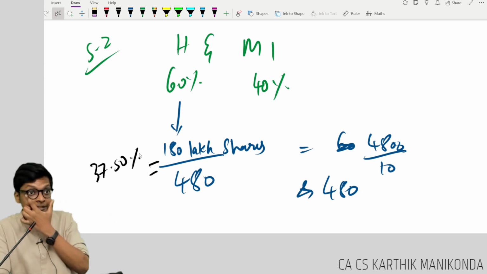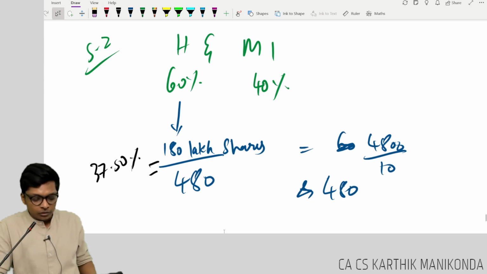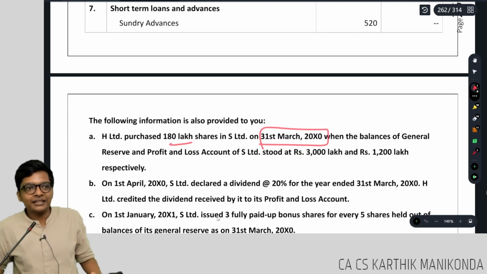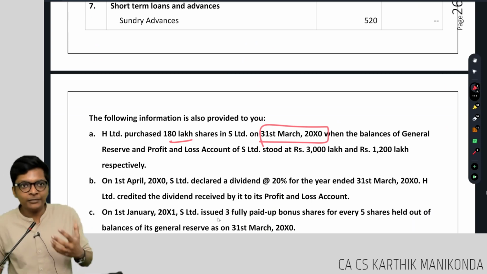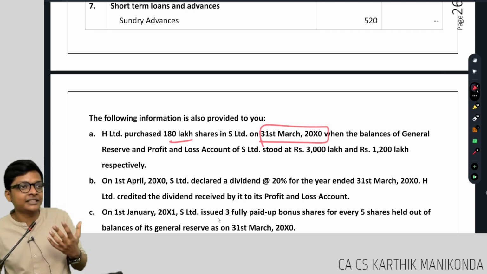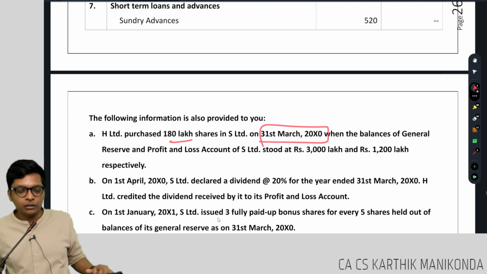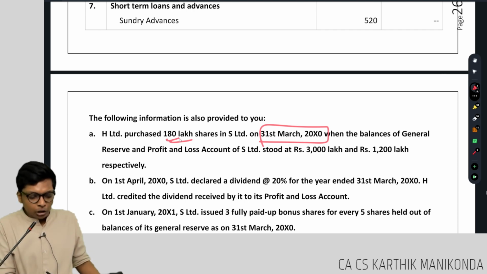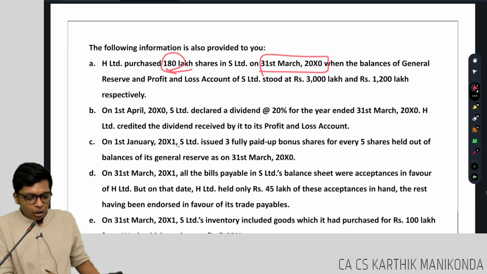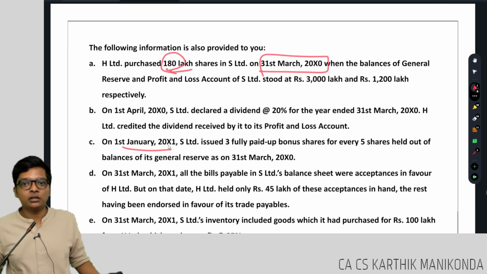It's not even consolidation. Now, follow, guys. Common mistake again. You cannot take 37.5. Luckily, this sum, it will strike you. Okay, not consolidation. What if it came 60% or 65? Then you would have proceeded. Look at this. This is on the date of purchase. But on 1st Jan, they gave bonus issue.